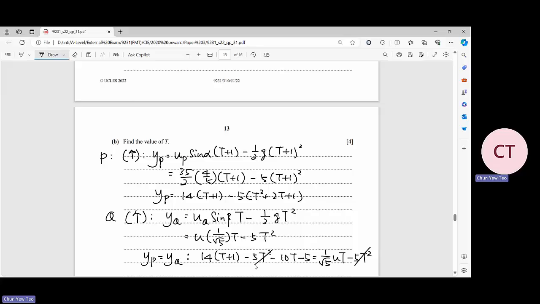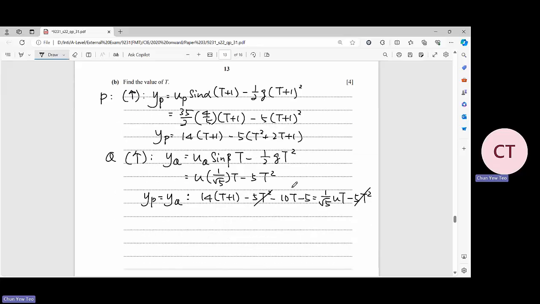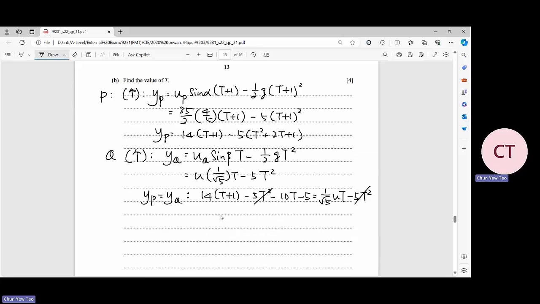So you can see that the 5t squared can be cancelled. At the end, you are having 14t plus 14 minus 10t minus 5 equals 1 over sec 5 ut. So 1 over sec 5 ut is equal to 4t plus 9.